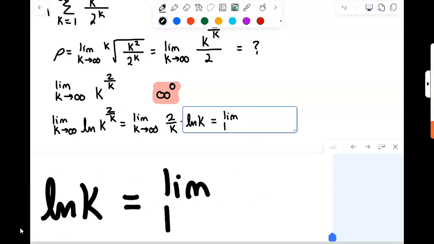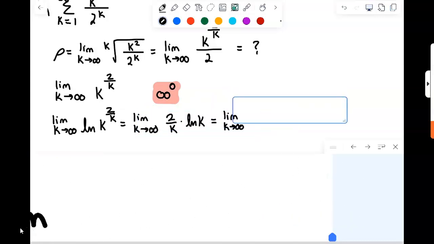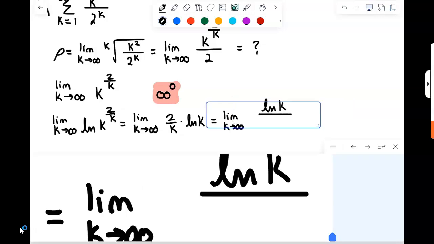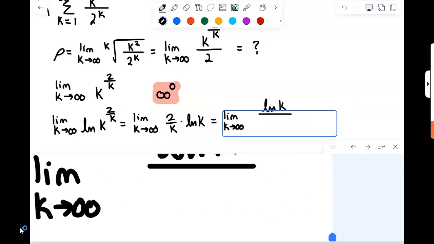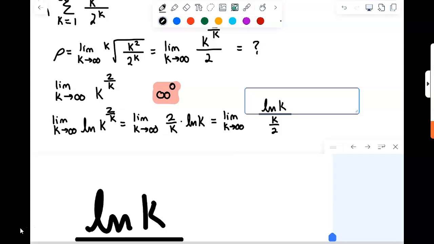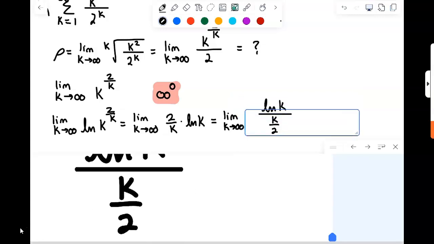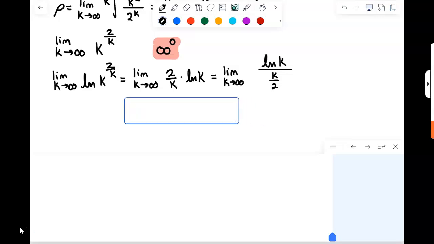So life is much easier if we put ln up top. So ln of k over the reciprocal of 2 over k, which would be k over 2. At this point, we've transformed this into an infinity over infinity limit, so we can invoke L'Hopital's rule.